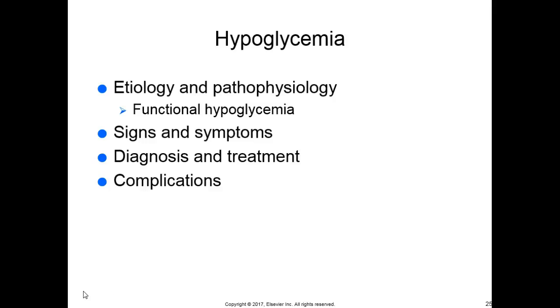Diagnosis is made based on the measurement of blood glucose values, and the patient's insulin levels and C-peptide levels can also be measured. A CT or ultrasound may be used if they suspect an insulin-secreting tumor. Hypoglycemia is treated by modifying eating patterns.